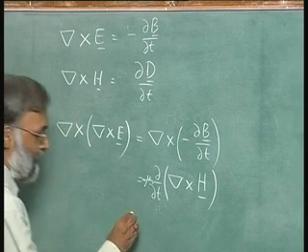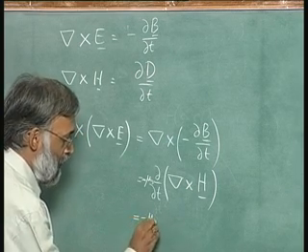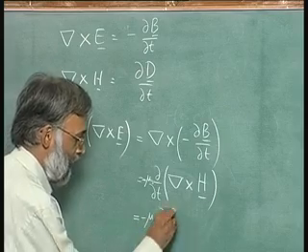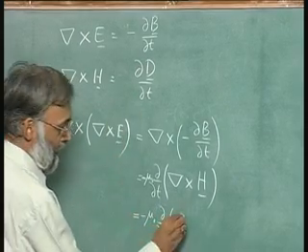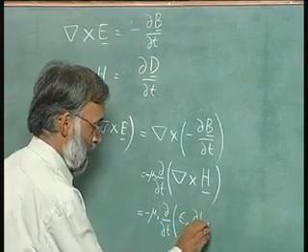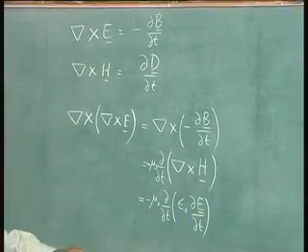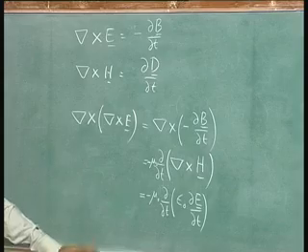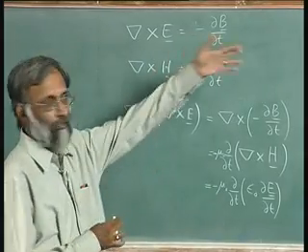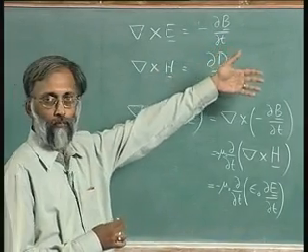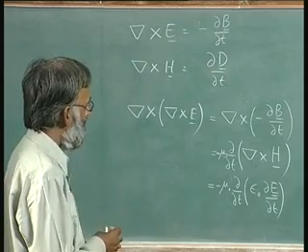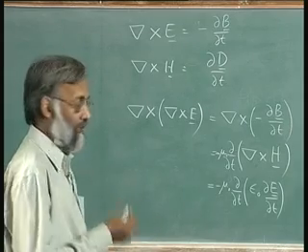So, I can write this as minus mu naught del del T of epsilon naught del E del T. So, I am following exactly the same procedure I followed to get the equation in the 1D case.